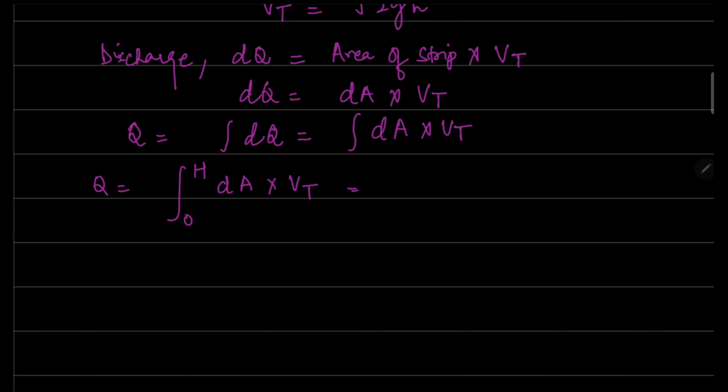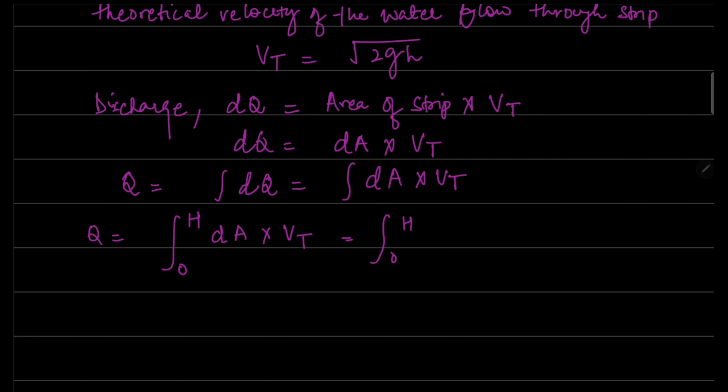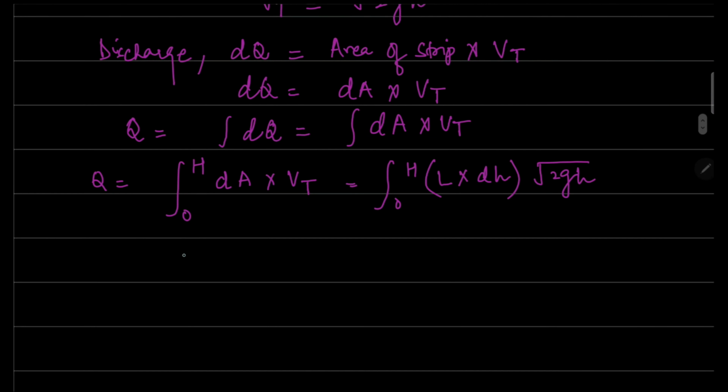The area dA is the length of the crest multiplied by the width under consideration, that is L dh, and the theoretical velocity at this section is under root 2gh. Now we can rearrange this equation. This can be written as the integral from 0 to H of L under root 2g h raised to the power 1 by 2 dh.